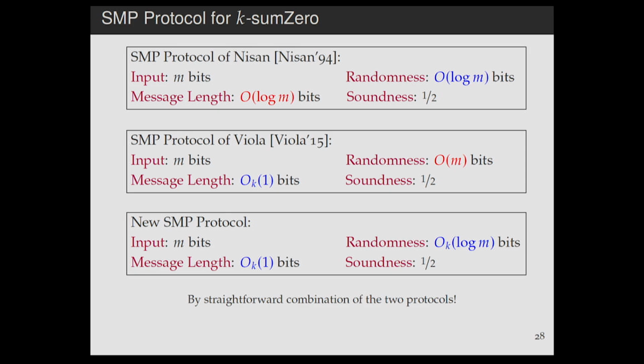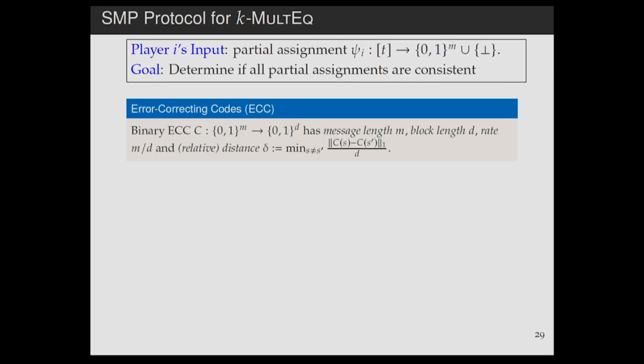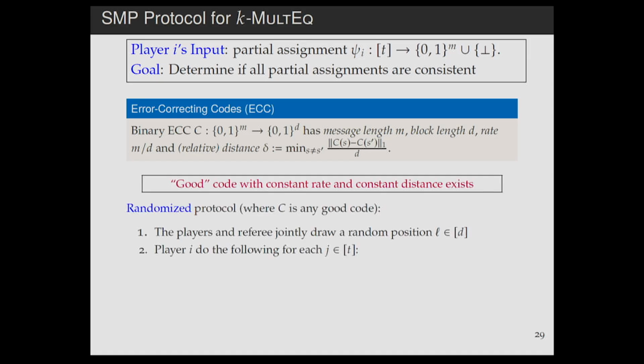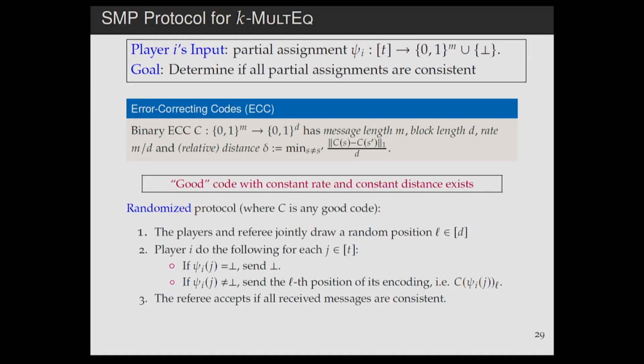So that's K-sum. For multi-equality, again, I will not go into too much detail, but the protocol is very, very simple. This is the entire protocol here. Basically, each player just encodes whatever they receive in the partial assignment, and then together everyone picks a random position of the code, and then the referee just checks that all the messages it gets are consistent, and that's it.